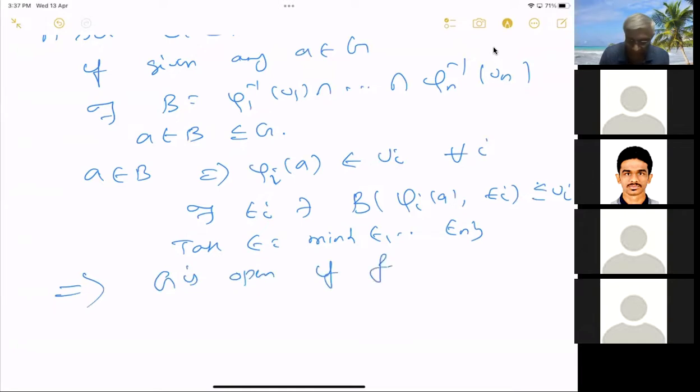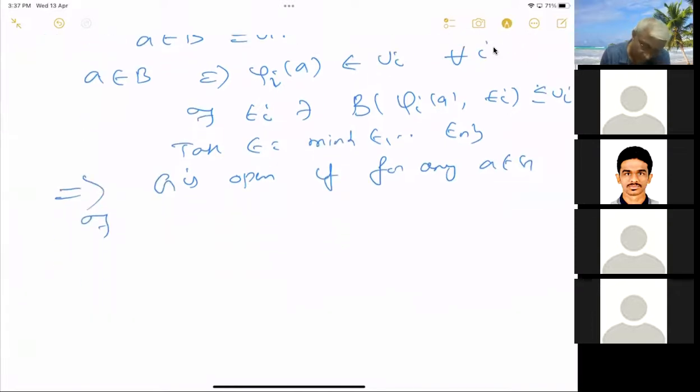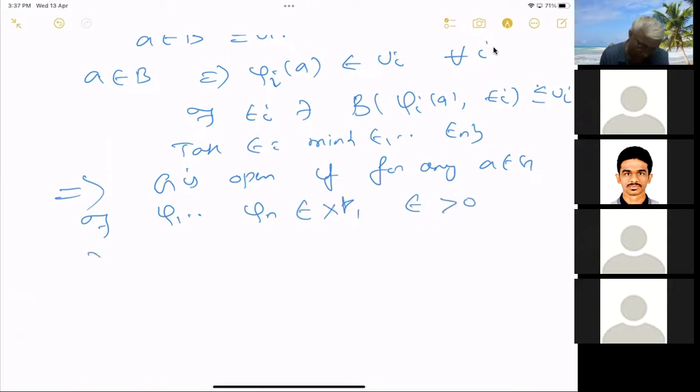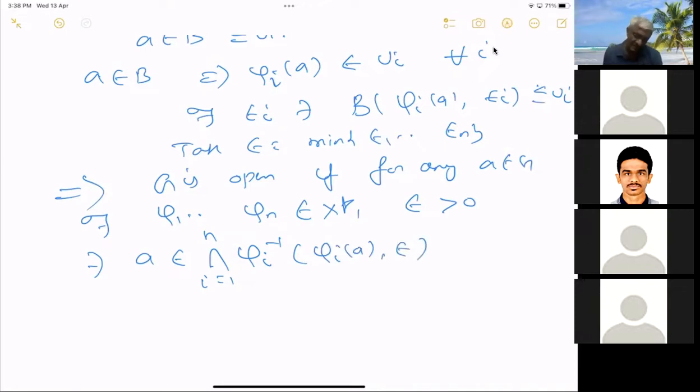if for any A in G, there exists phi1 up to phi n in X star, and epsilon greater than 0, such that A is in the intersection for I equal to 1 to n of phi I inverse of the ball of phi I A, epsilon, which is contained in G. Okay.